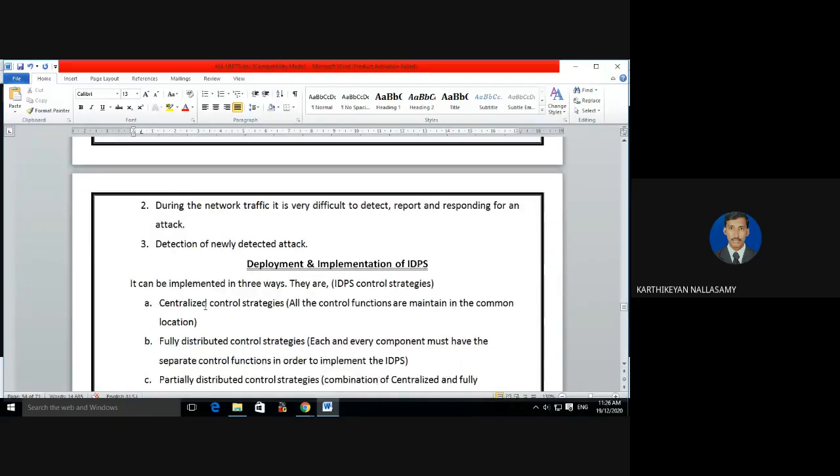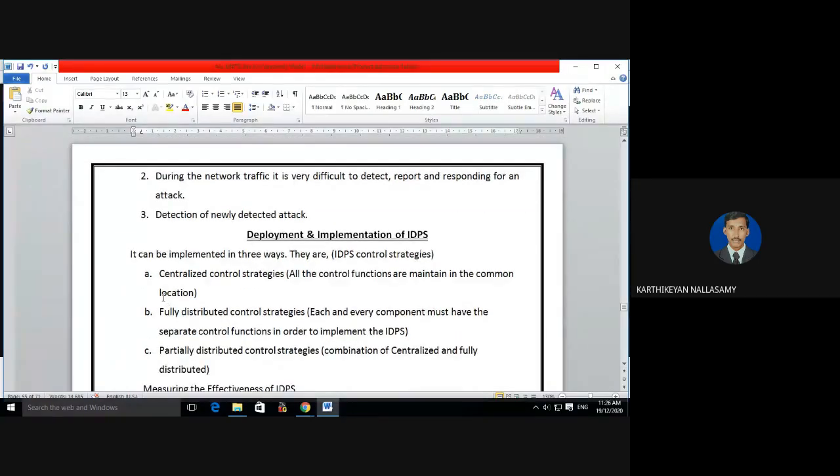Clear? Okay. The next one is the deployment and implementation strategy, that is, the control strategy. The control for IDPS may be centralized control, meaning all the control will be monitored in a single location. A simple example is our camera: all active activities are monitored at our principal location. That is called centralized control.